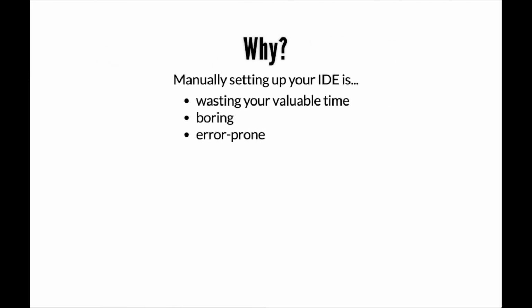So why do you need this? Of course, to build great software, you need great tools like Java, Maven, Node.js, Angular CLI, Eclipse, Visual Studio Code, or whatever. However, to manually set up all these kind of tools for your project is wasting a lot of time, it's boring and error prone.